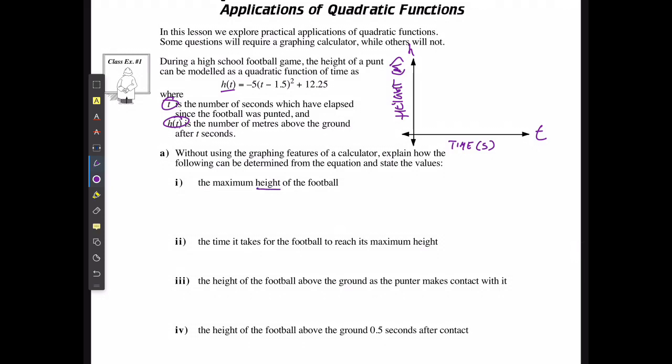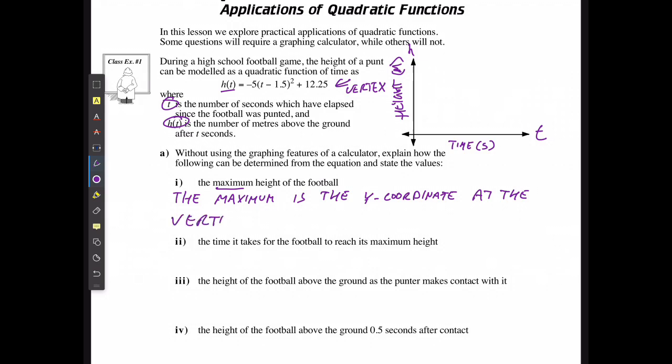Well, when it says the maximum height of the football, as we've already seen, because this is in vertex form, the maximum is the y-coordinate at the vertex, or the k value.